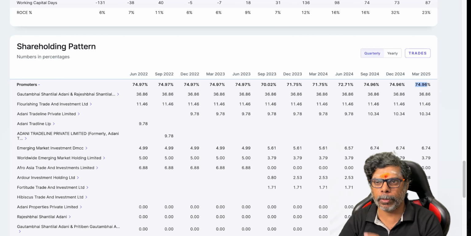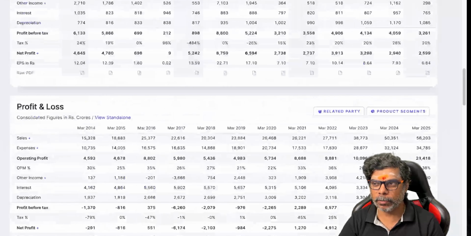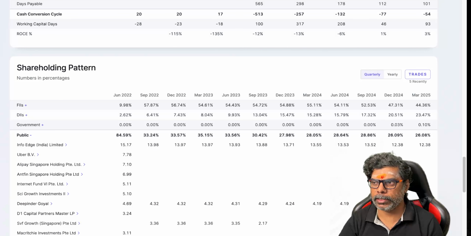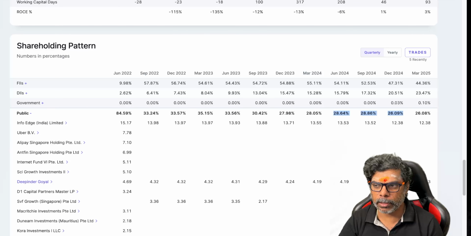It is overly held by one person, so the float is very less, and that raises the price without real demand. But if I go to Zomato, FIIs have reduced, DIIs are increasing their position, and the public is also increasing. Deepinder Goyal has sold his own stake, right?